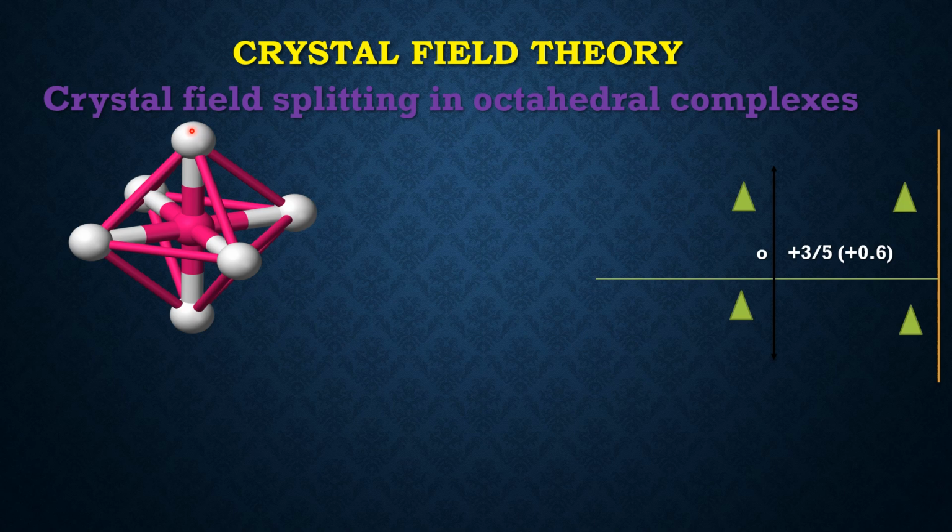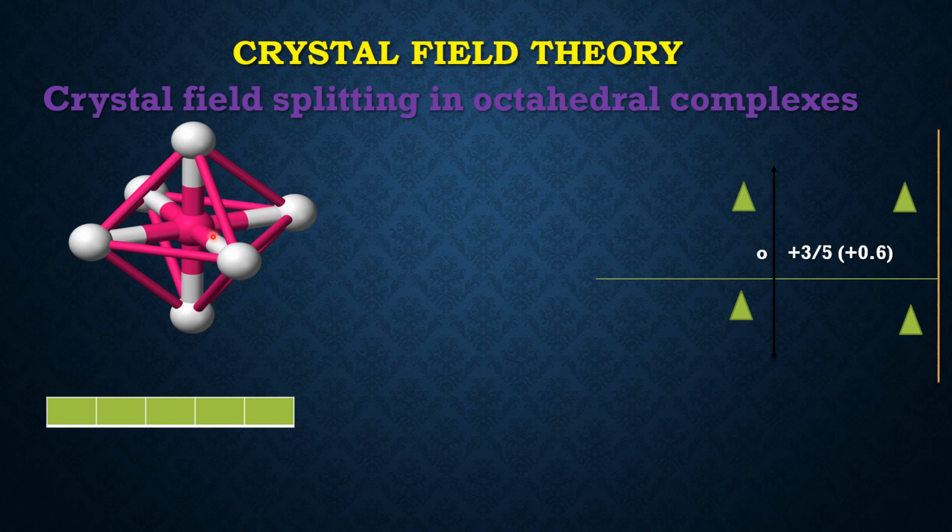Then there is one on top and one at the bottom, so in total there are 8 faces. 8 means octa. Pyramidal means one side, and both sides means hedral, so octahedral. The octahedral complex contains 6 ligands. When you have 6 ligands, that is called an octahedral complex.